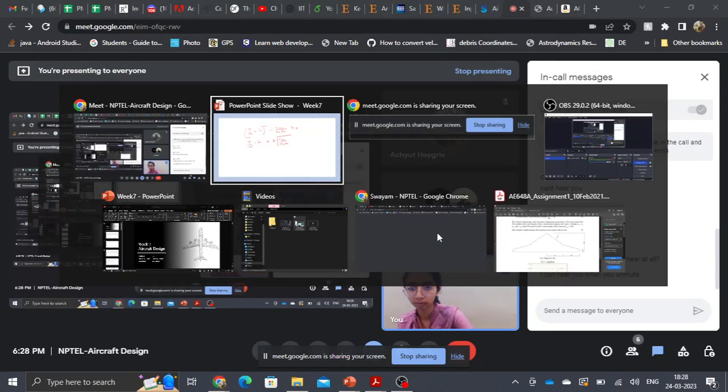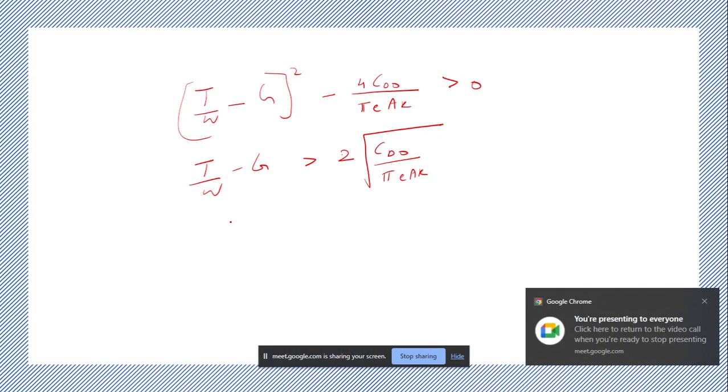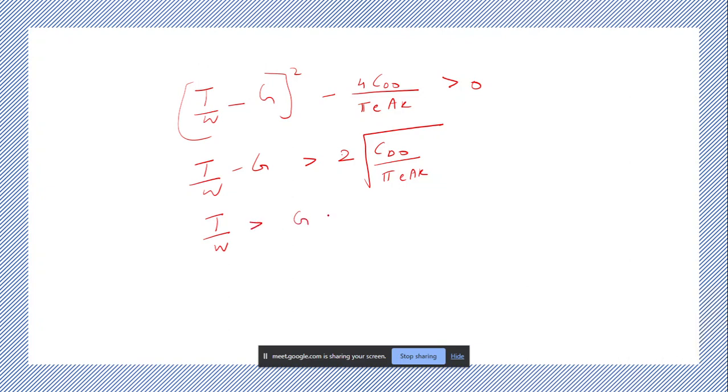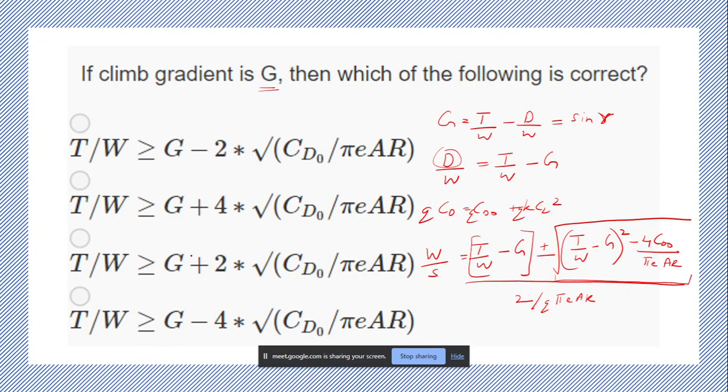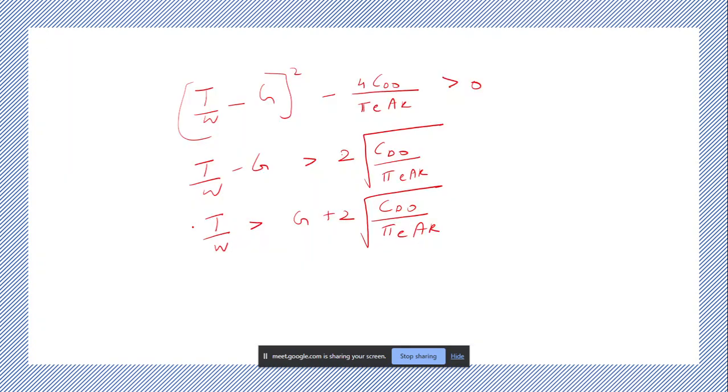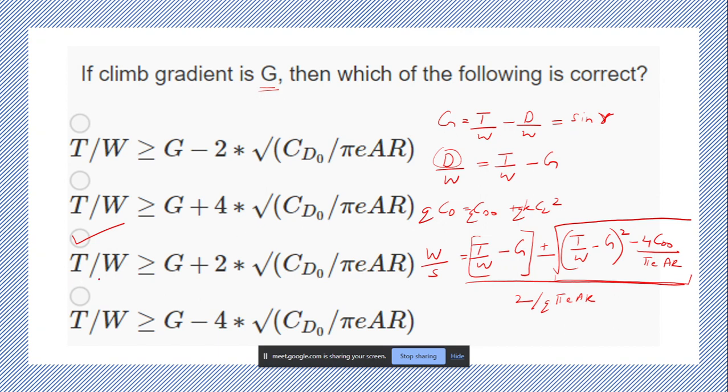Okay, so if I just write the equation in terms of thrust loading, you have greater than G plus square root of 2 CD naught upon pi E AR. So that is this option. Yeah, greater than or equal to, even if it's 0, you will have real values. So it is the third option. This is the right option.